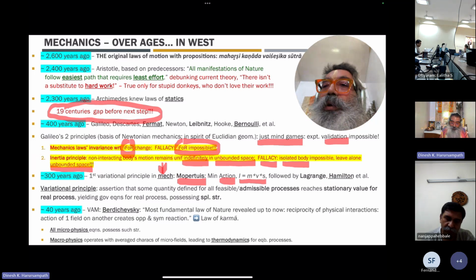Now, coming to this Lagrange and Hamilton, of course, we will come to it briefly towards the end of this course.